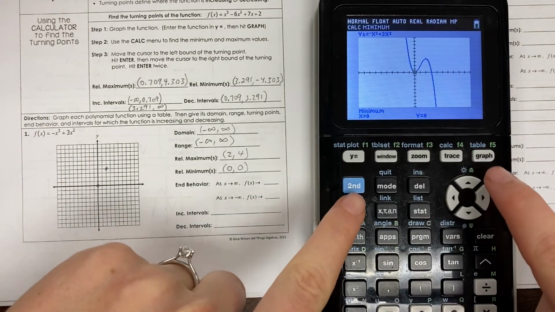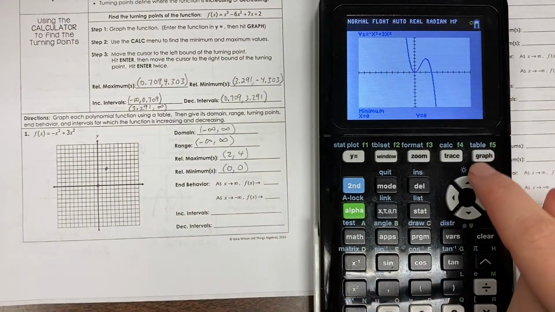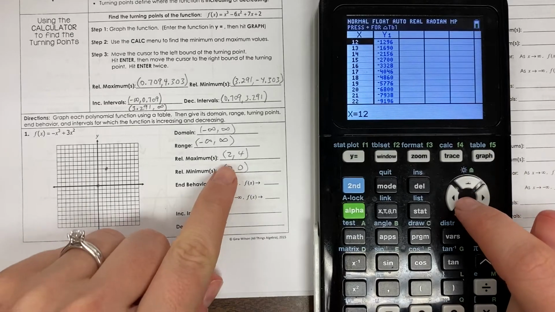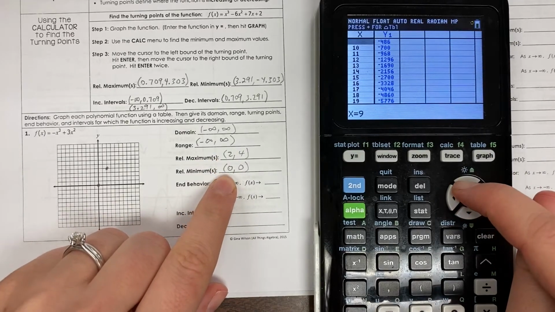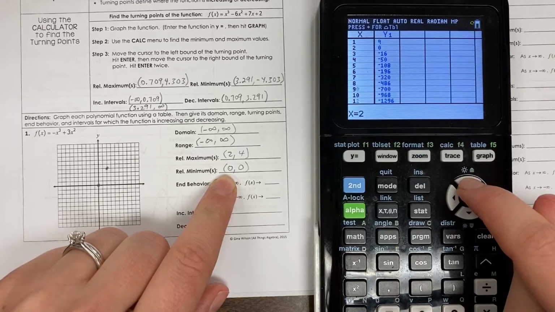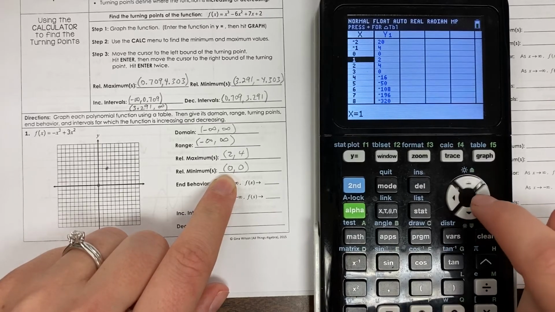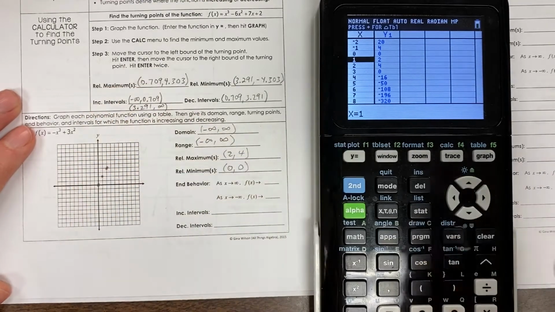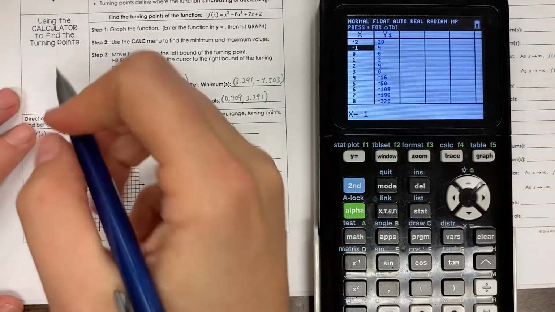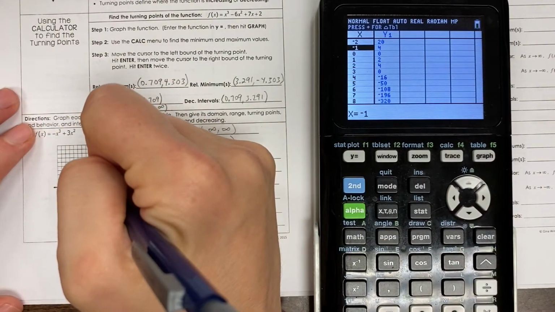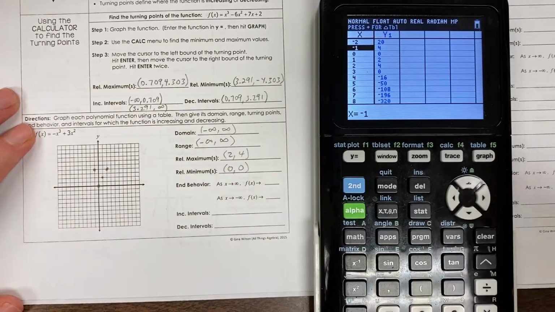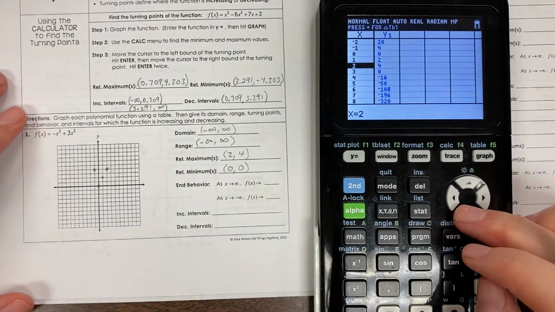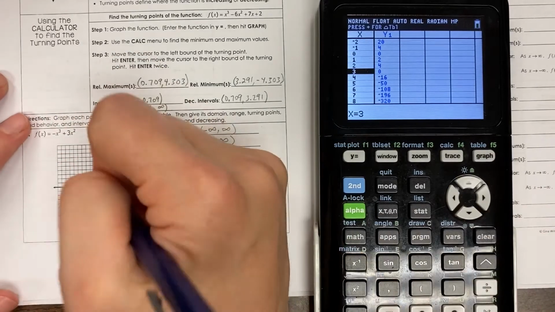So we're going to use the table. So hit second table, and we're just going to get points that are kind of close to our maxes and mins here. So maybe I'll plot this point, 1, 2. I'll also plot -1, 4. And what else will fit? 3, 0.